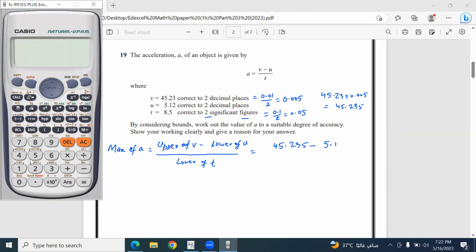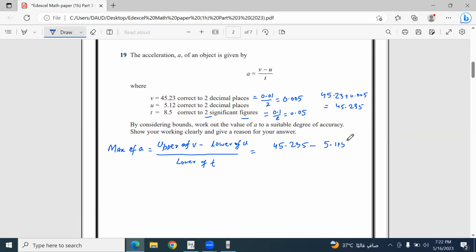Look here, we have 5.12 minus 0.005, that gives us 5.115. Same as we will find out the lower value of t, so subtract 0.05 from 8.5, we will get 8.45.